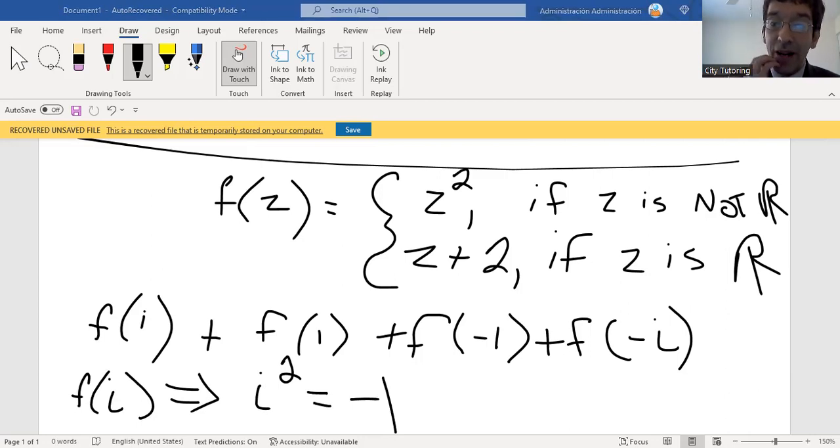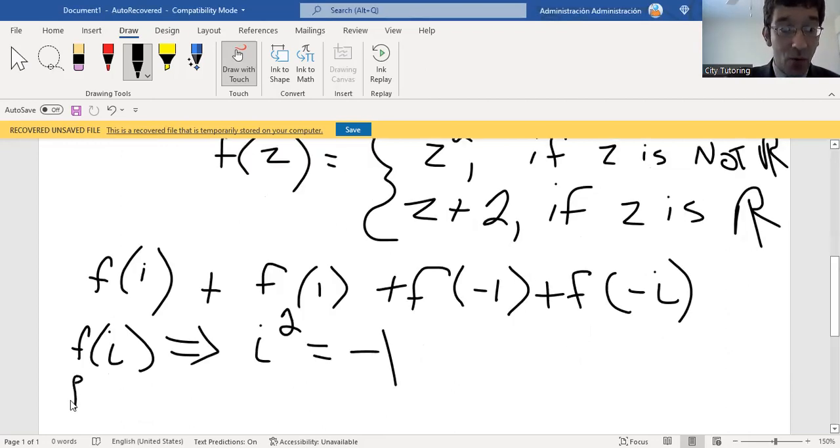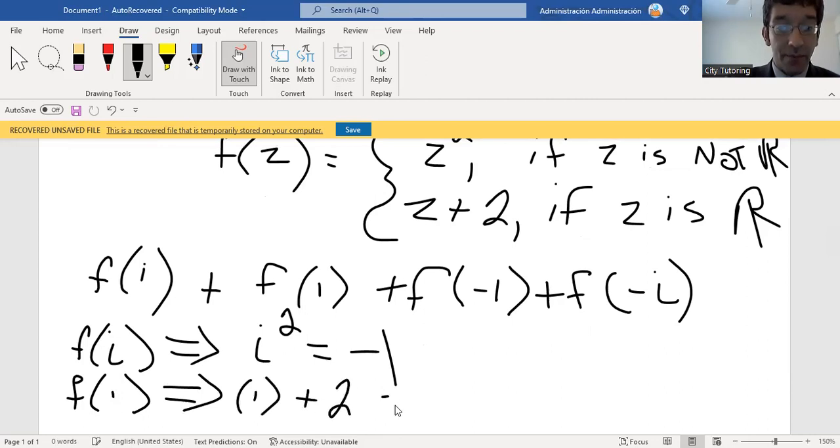Moving further ahead, now we have f of 1. Well, 1 is a real number, so you need to use z plus 2. So f of 1 becomes 1 plus 2, which gives you 3.